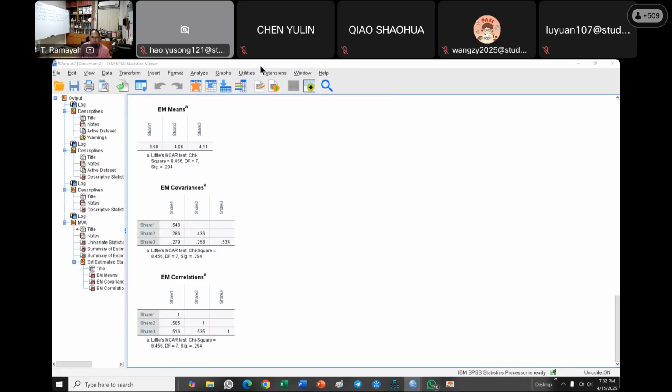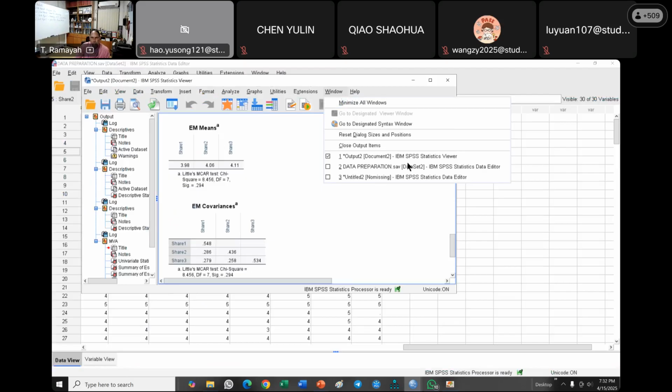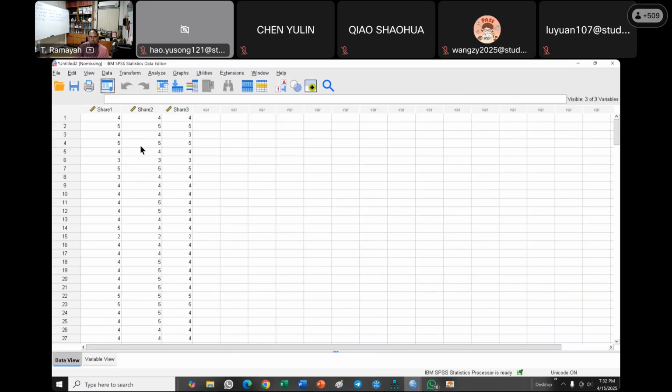If you look at your data here, in Windows, we see we already have a new file called no missing. If you open the no missing, you see only the three items are replaced. The number is actually not a round number; it can be any number that they replace.